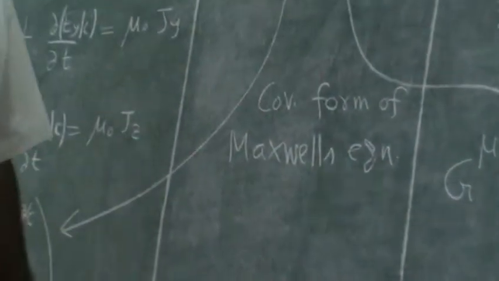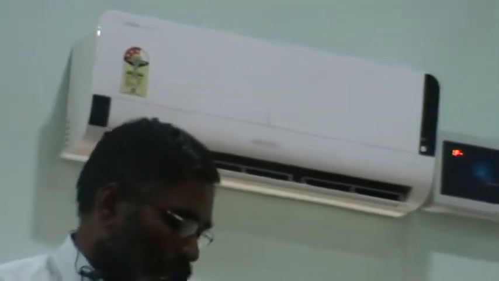By nature, Maxwell's equations are invariant under Lorentz transformations. Even though the equations existed before relativity was discovered, Maxwell's equations are invariant under Lorentz transformations. So this is called the covariant form of Maxwell's equations.